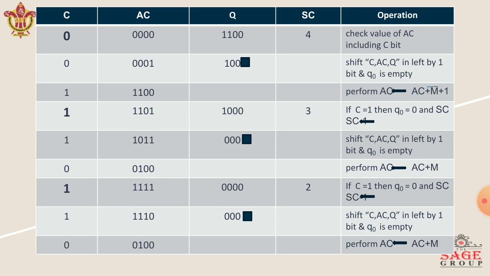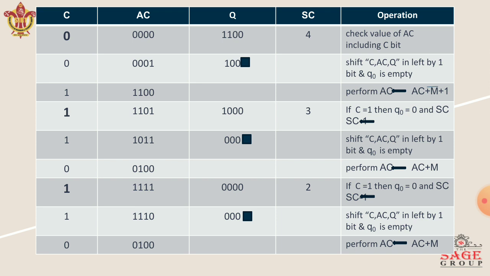Now again check the value of C. If C equal to 1, then shift C, AC and Q left by 1 bit and Q0 is empty, and after that perform the operation AC plus M. Here M equal to 00100.